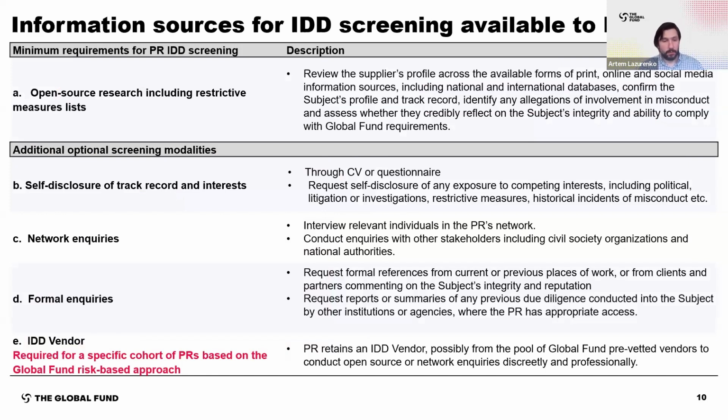So for now, I wanted to talk a little bit about the information sources available for IDD screening, because up to now I have been talking a little bit abstractly about IDD checks. So let me talk in more detail about exactly what these are.